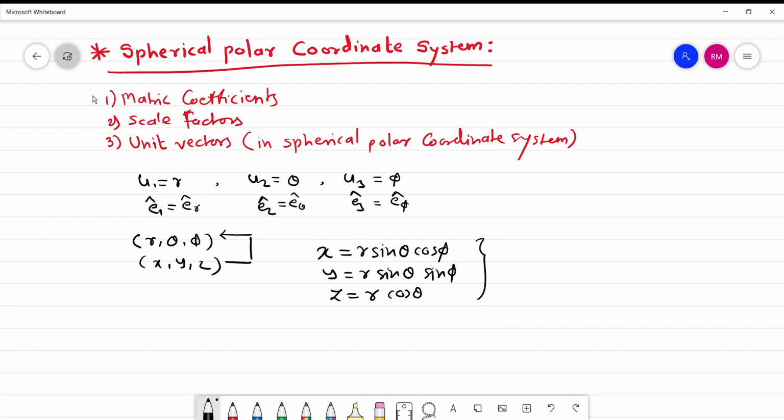So these are the transformation equations. I will number it 1. If you don't know how we have obtained these transformation equations, you can go to lecture 1, where you can find how we have obtained them.